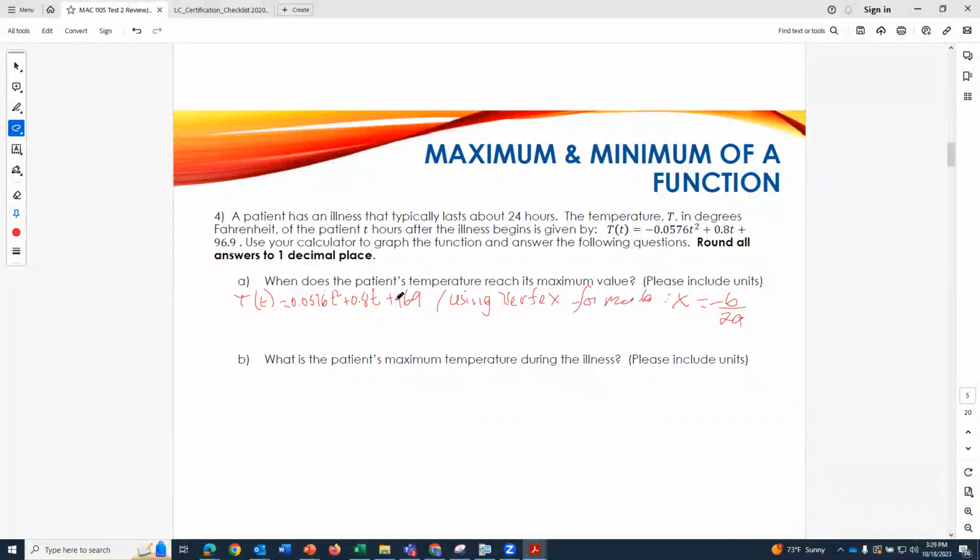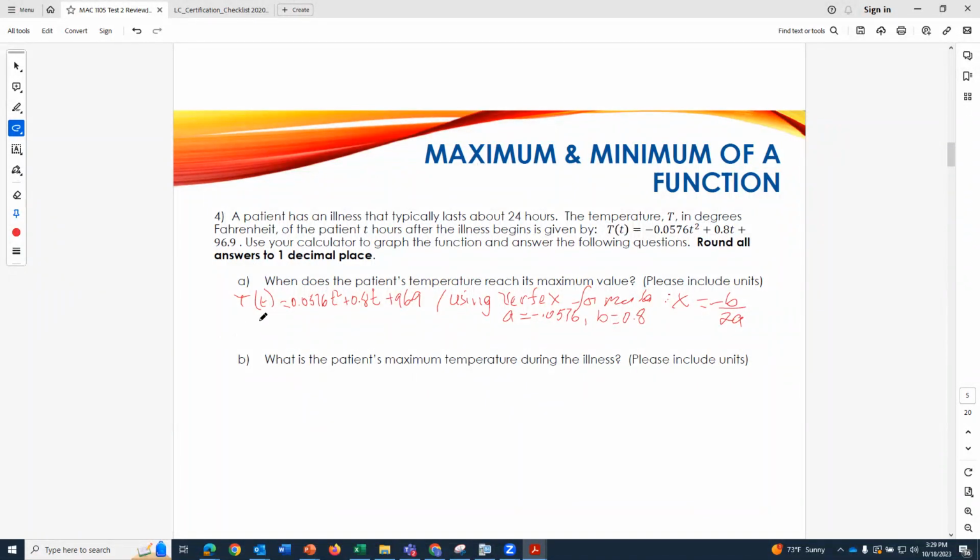In this case, a is negative 0.0576 and b is 0.8.